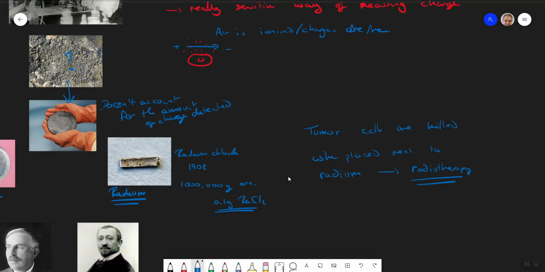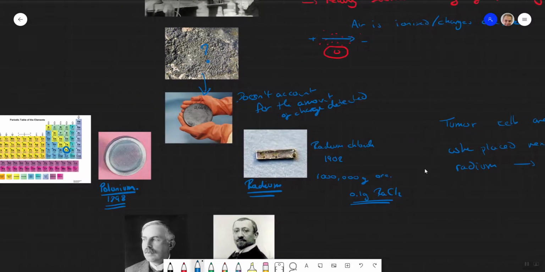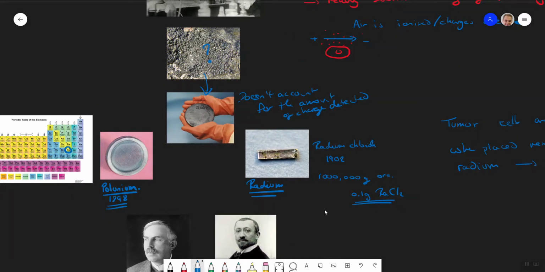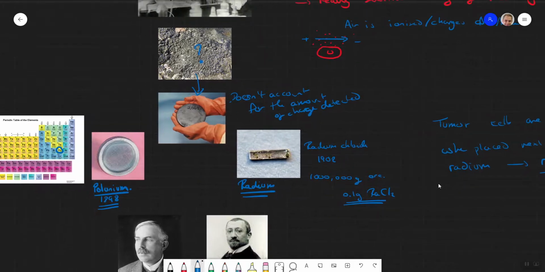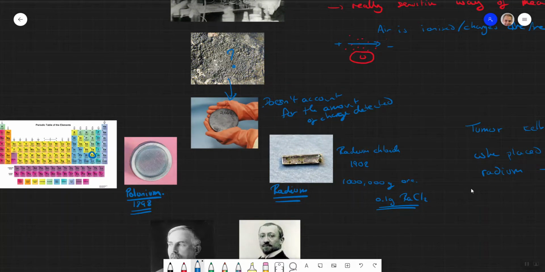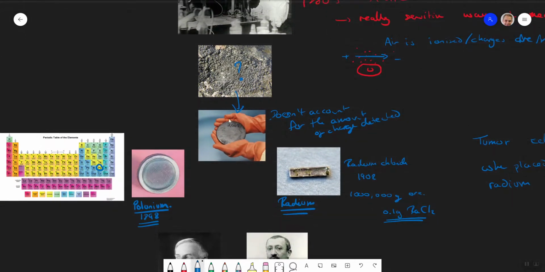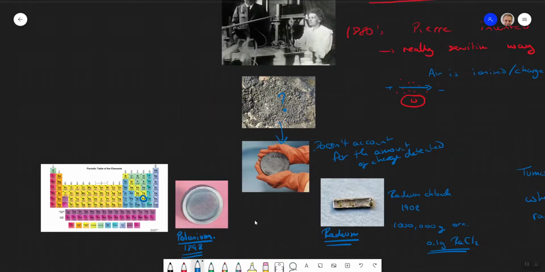And that led to a huge cottage industry, where you could go and bathe in the healing water that had been enriched with radium salts in baths in Paris and stuff. Quite dangerous, not very nice. So the Curies are very responsible for isolating these things, and it's a huge, huge effort to do.